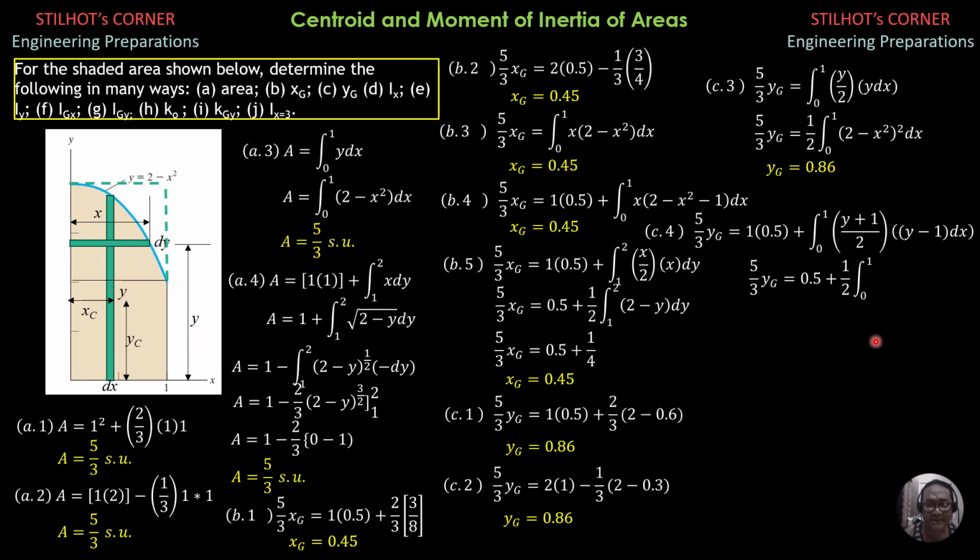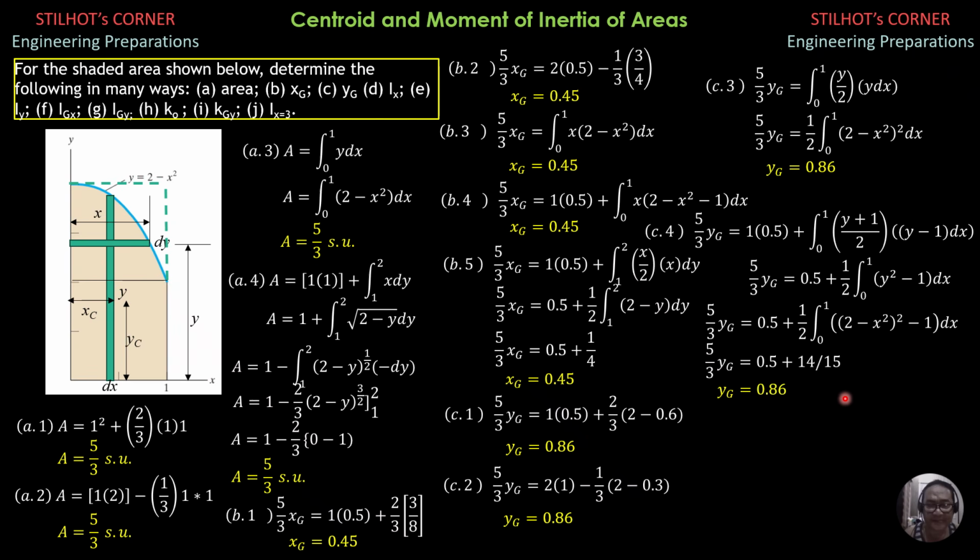So 5/3 yg equals 0.5 plus 1/2 integral of y squared minus 1 dx, and y squared is equal to (2 minus x squared) squared, then minus 1, with limits 0 to 1. So using your calculator, 5/3 yg is 0.5 plus 14 over 15. So solving for yg, it is also 0.86.